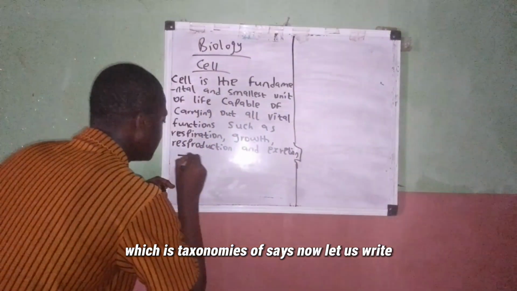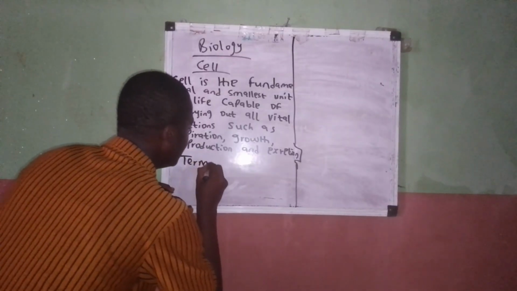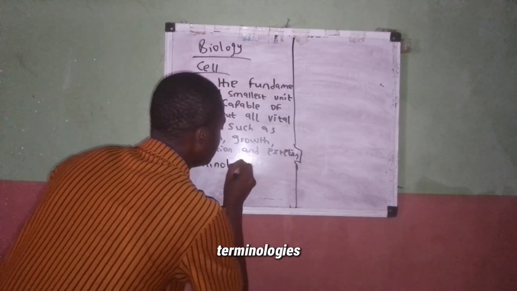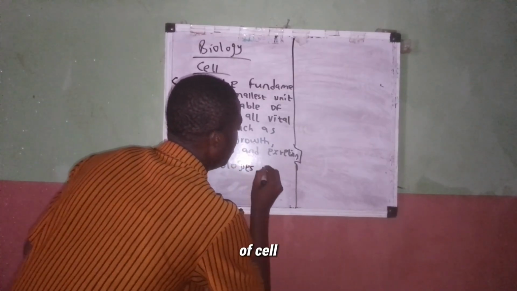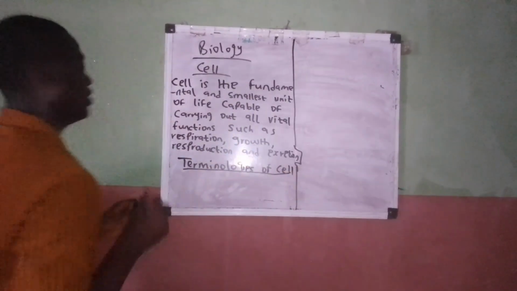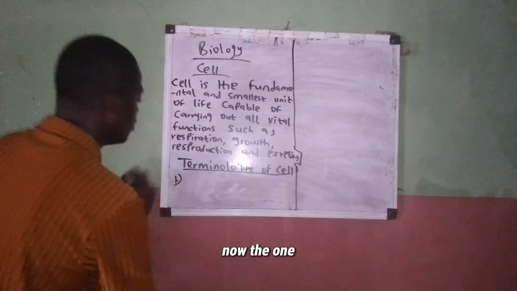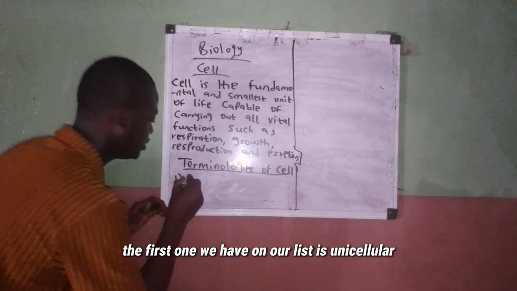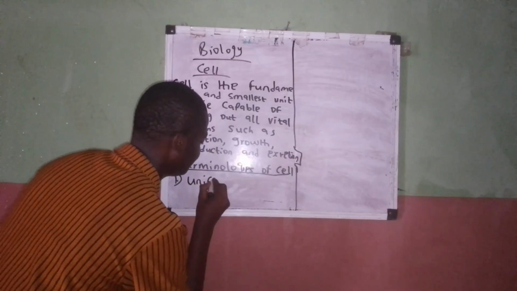Now, let us write terminologies of cell. The first one on our list is unicellular.